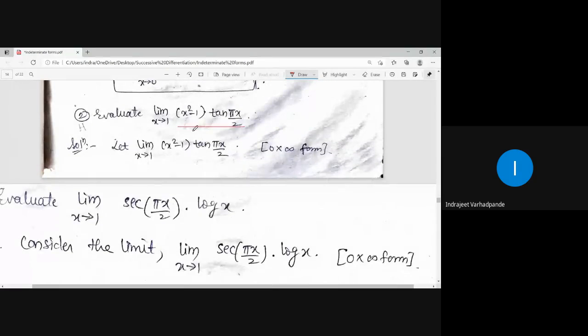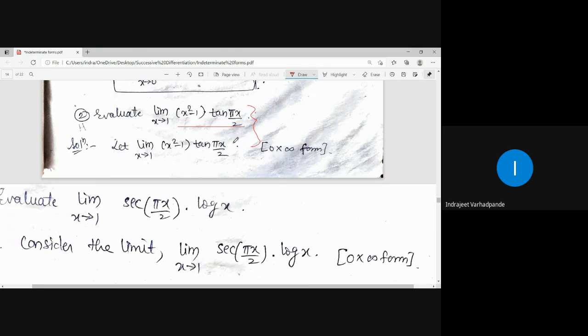For homework you can note down this. Note down the example for homework.